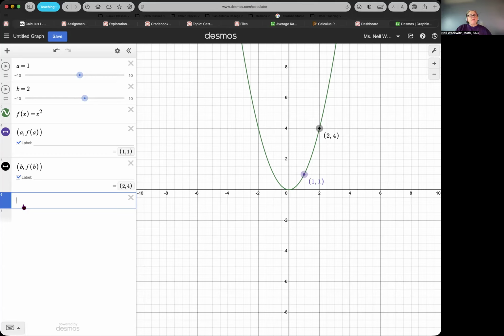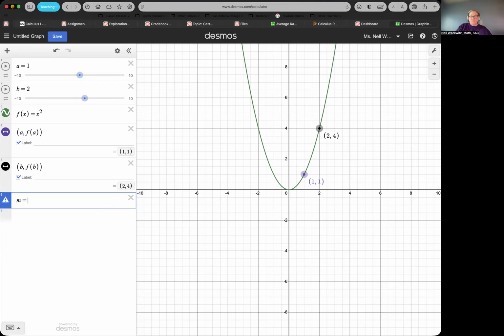Now, the average rate of change is a slope. It's the slope of a line that cuts through a graph at 2 points, and that line is called a secant line. Let's find the slope.